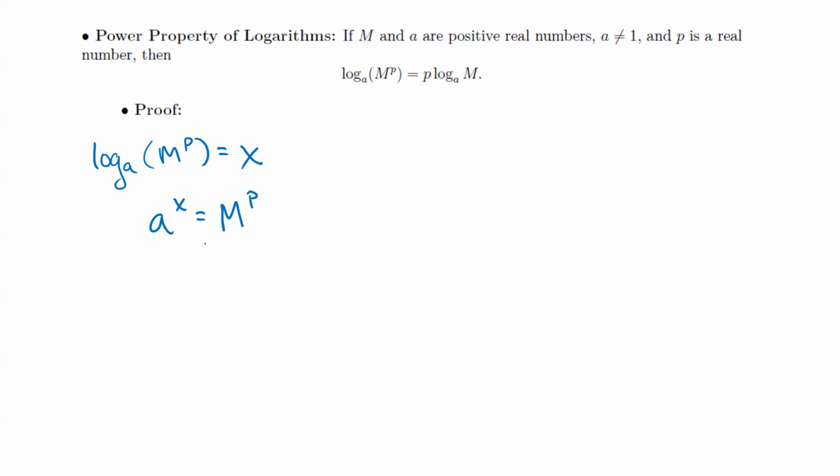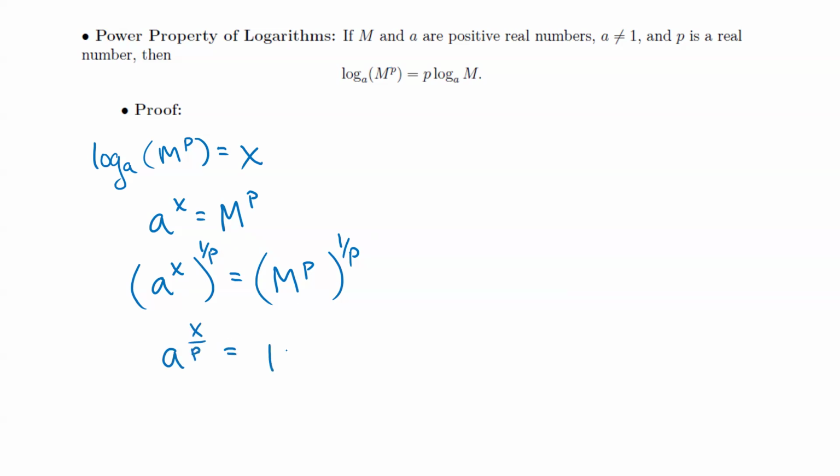Then I'm going to do something that you haven't seen me do in this class, but I think it'll be believable since you know that there's such a thing as fraction exponents. I'm going to raise both sides to the 1 over p. Because my power rule for exponents says that I'm going to end up multiplying x and 1 over p, this becomes a to the x over p.